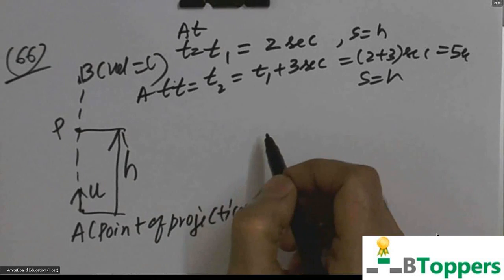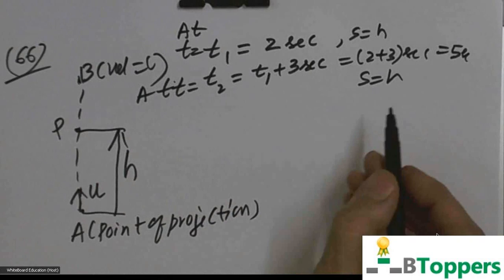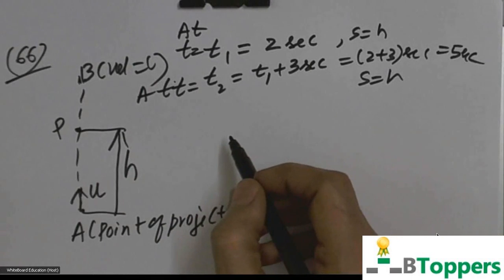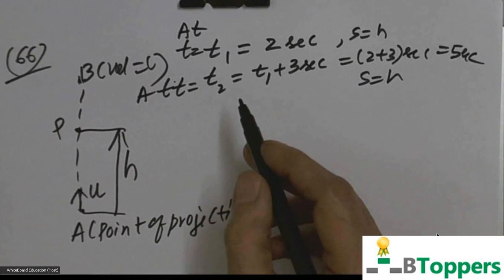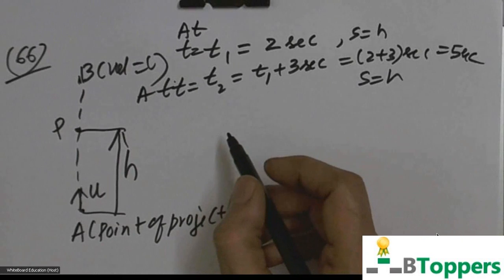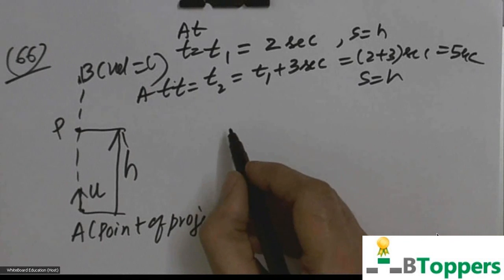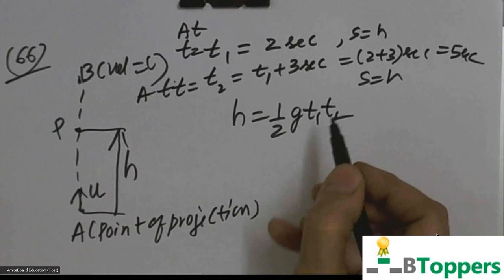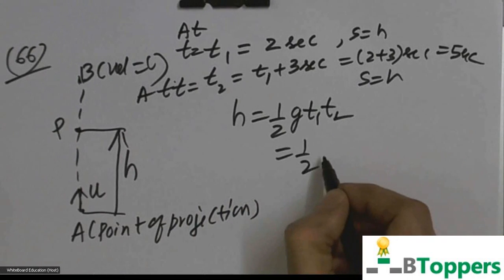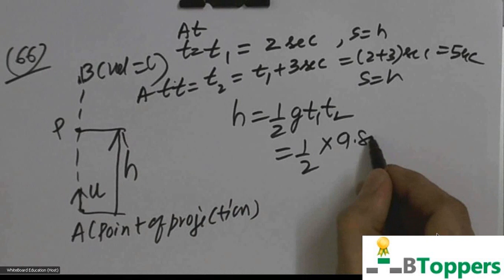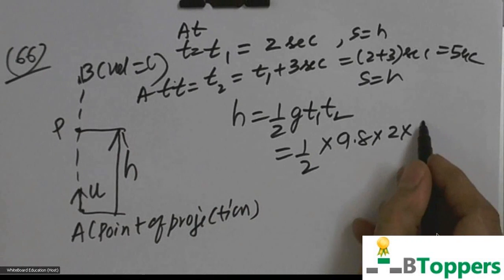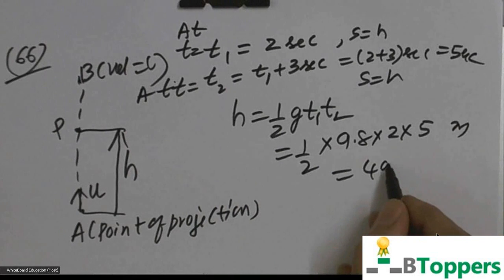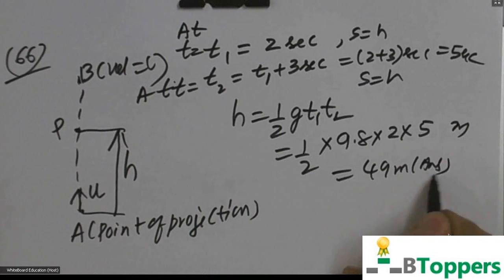From one of the conclusions I discussed earlier in the theory part: if a body projected vertically upwards is found at the point P at T equal to T1 seconds after projection, and is again found at P at T equal to T2 seconds after projection, then the height of the point P above the point of projection is given by h equal to half g T1 T2. g is 9.8 meter per second square, T1 equal to 2 seconds, T2 is 5 seconds. If you simplify this, you get 49 meter as the answer.